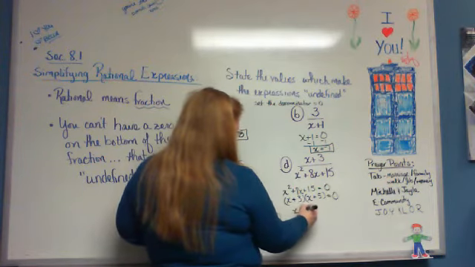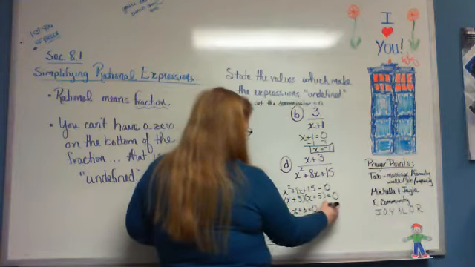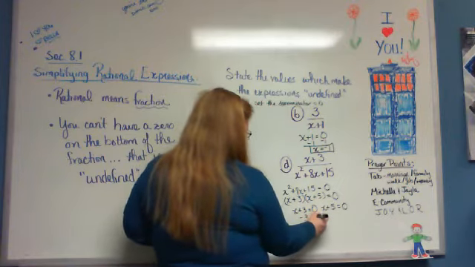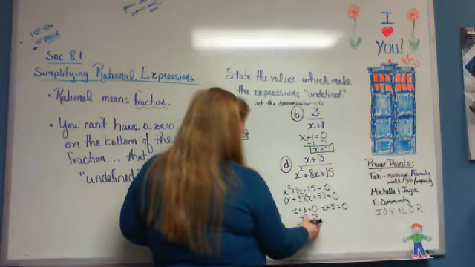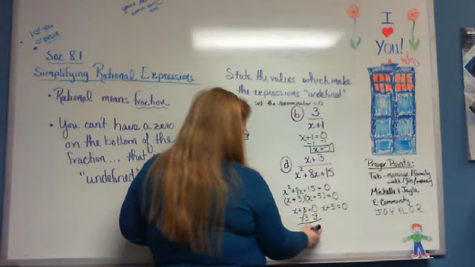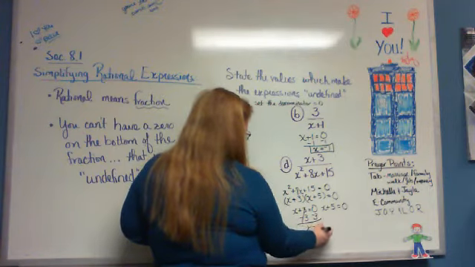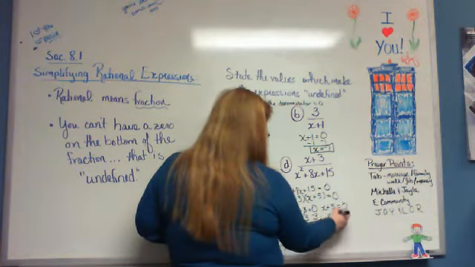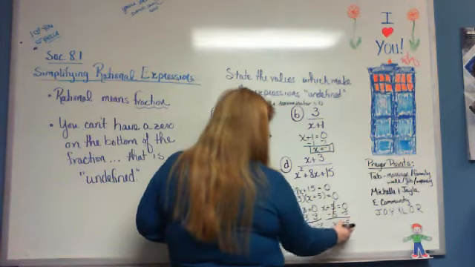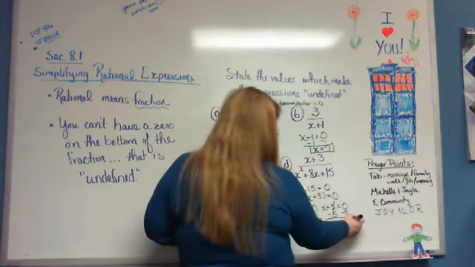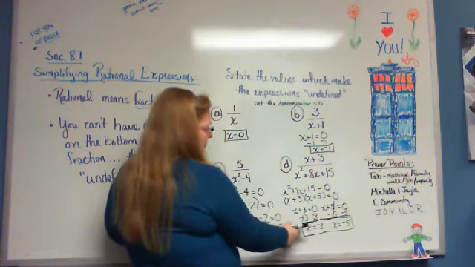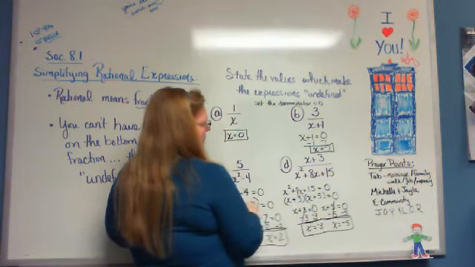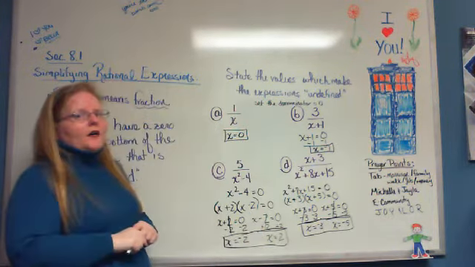So that means that x plus 3 is equal to 0, or x plus 5 is equal to 0. So x equal to -3 or x equal to -5 are the two values that x cannot be, because it would make that bottom equal to 0, and we can't have the bottom equal to 0.